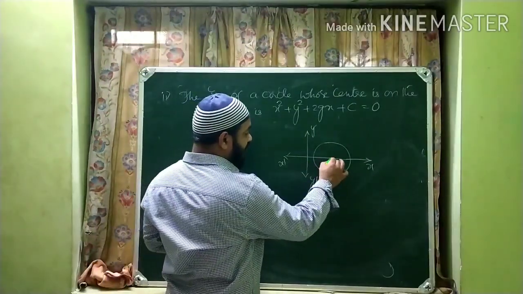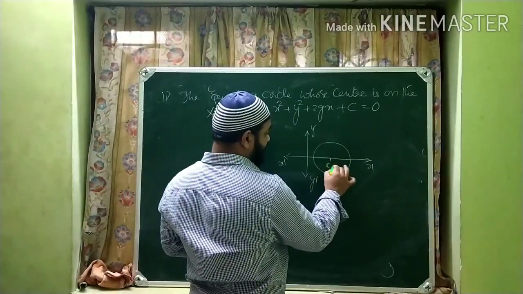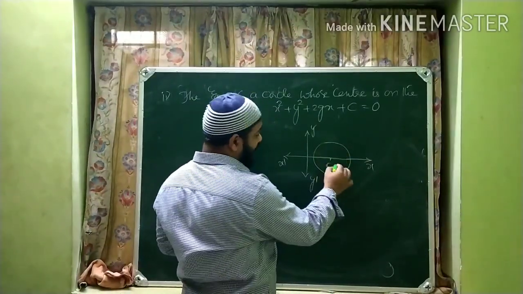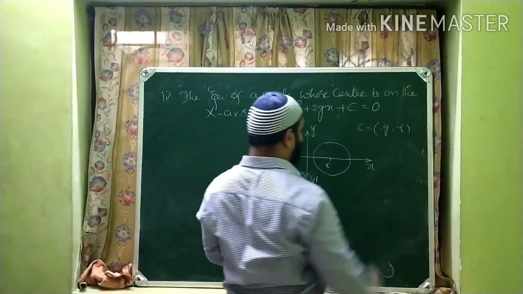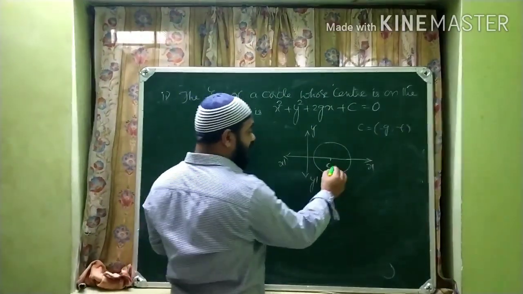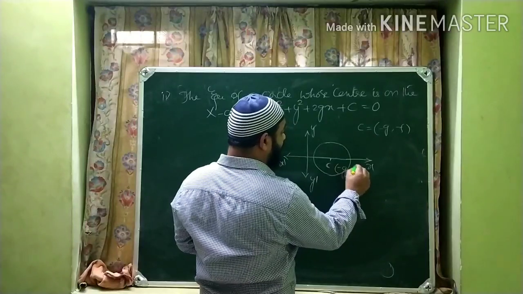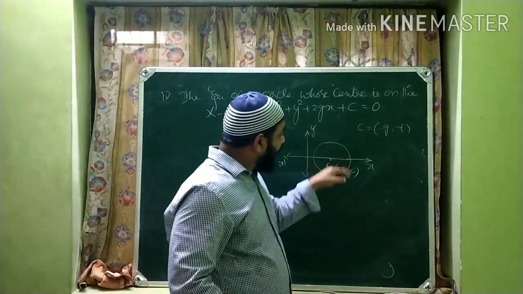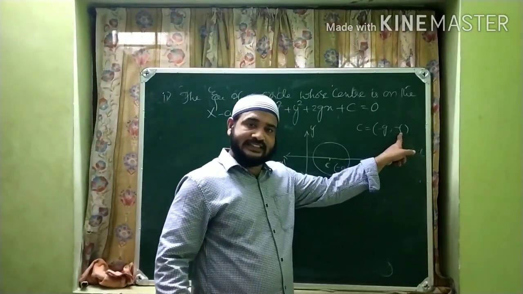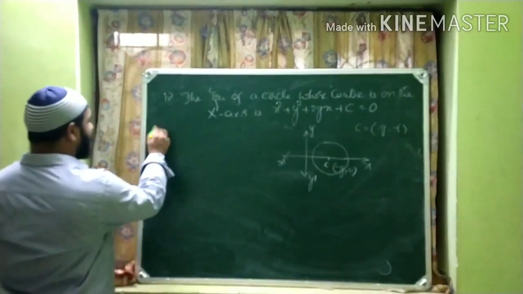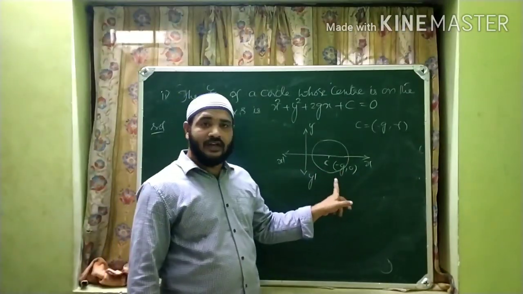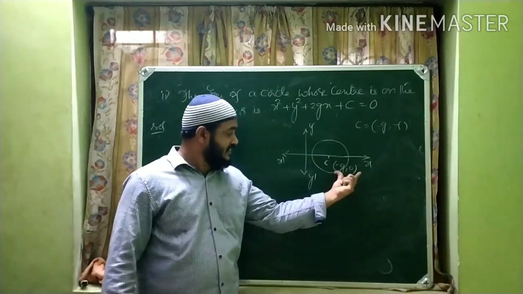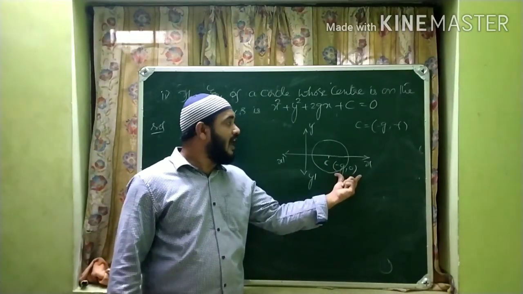Here its center C is lying on the x-axis. Actually, what is the center? C equals minus g, minus f. But here it will be minus g comma 0, since on the x-axis the y coordinate is zero. So here, the solution. Now what is the equation of the circle when it has the center C (h, k) and radius r?